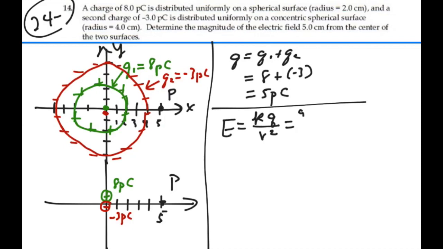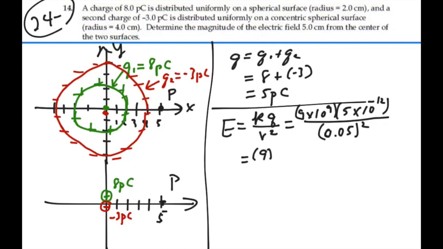So this will be 9 times 10 to the 9 times 5 picocoulombs, 5 times 10 to the -12, over the distance to that point, point P, which is going to be 5 centimeters squared. So I could write this as 9 times 5 times 10 to the -3 over 5 times 5 times 10 to the -4.